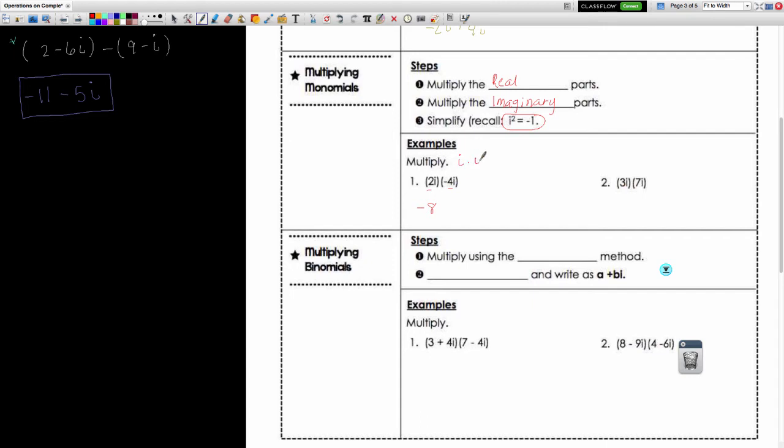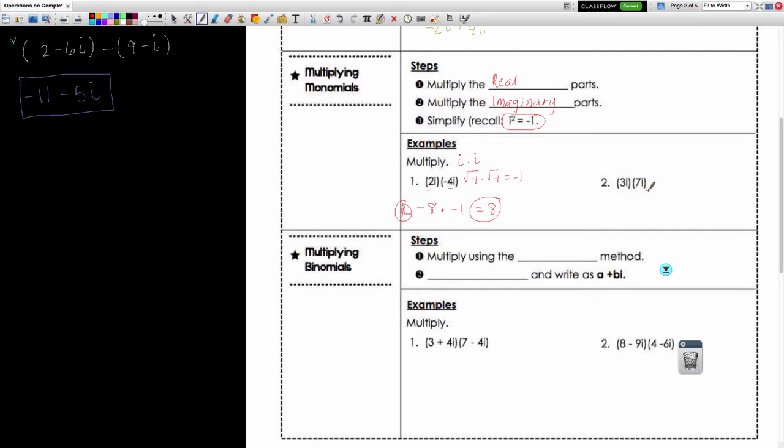Remember, i times i is the square root of negative 1 times the square root of negative 1, which is negative 1. So it is negative 8 times a negative 1, which is a positive 8. This is a real answer. You get a real number if you multiply 2i times negative 4i. Very important to remember.